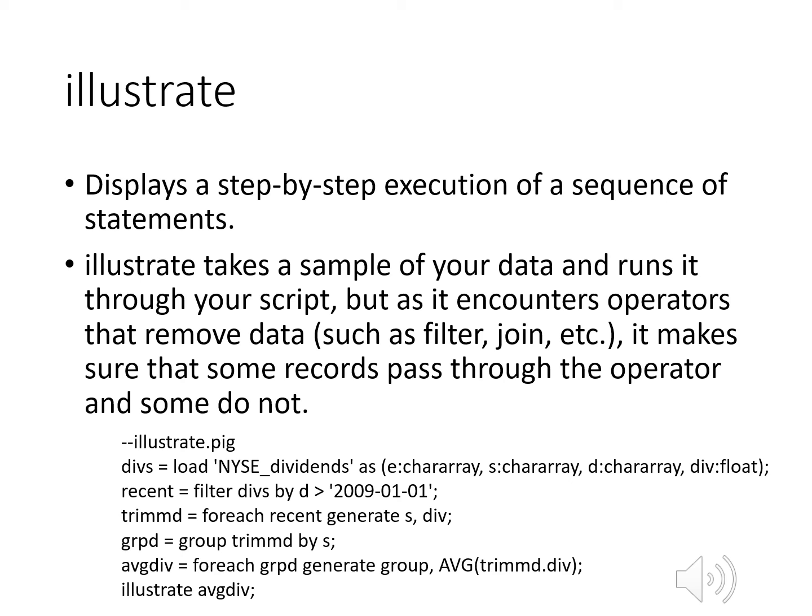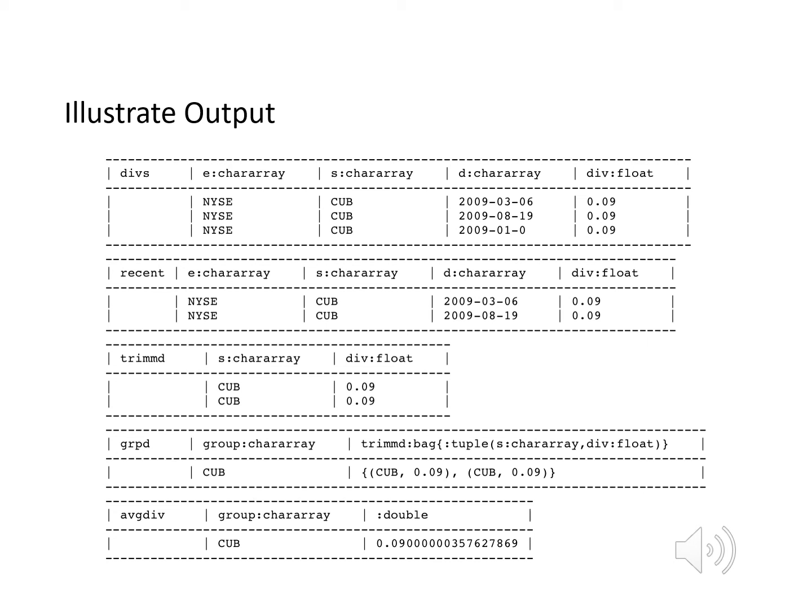To use Illustrate, we can apply it to an alias in our script, just as we can with describe. And this is an example script for Illustrate. This is an Illustrate output.